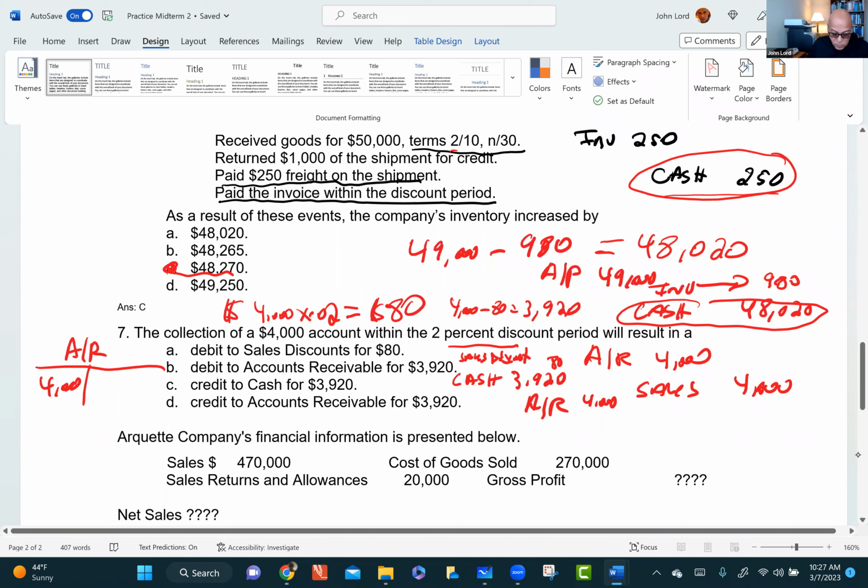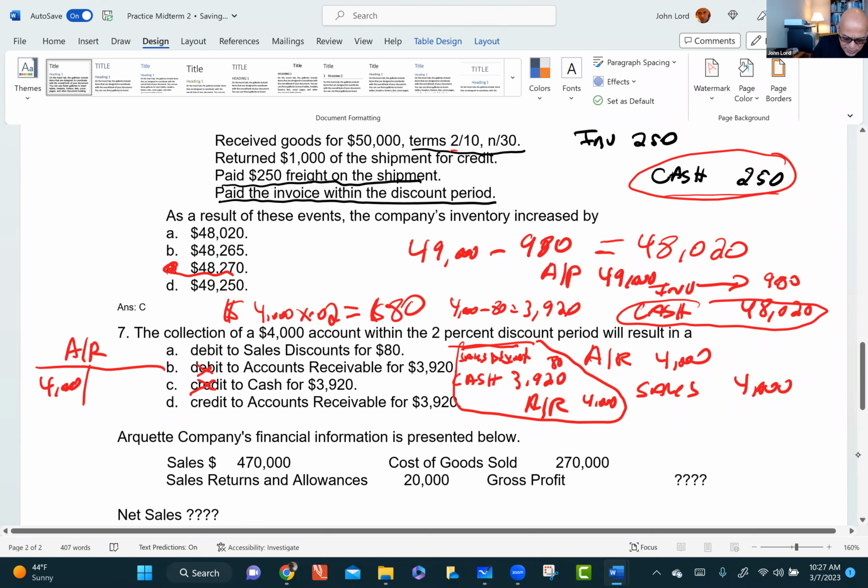So when we now look at the journal entry that is made upon the payment of this, we credit accounts receivable for 4,000, debit the discount for 80, and debit the cash. Now look, guys, if I'm collecting money on an accounts receivable, I'm not going to debit accounts receivable, I'm going to credit.